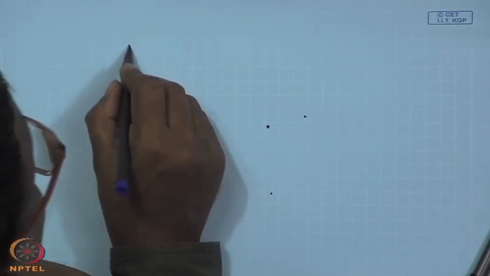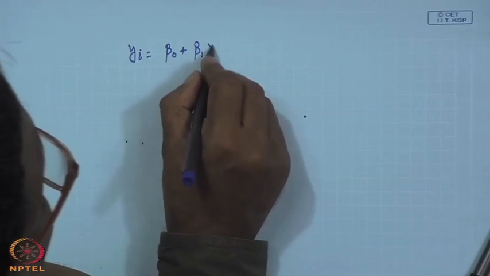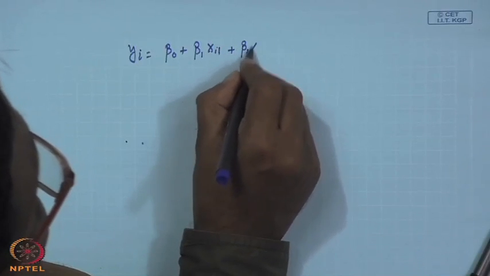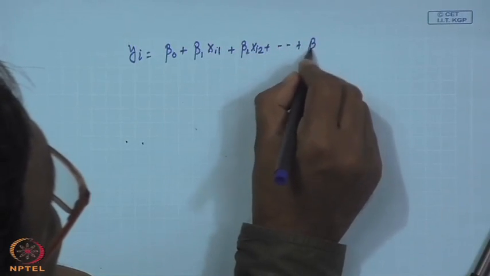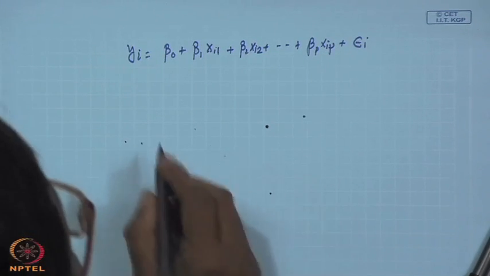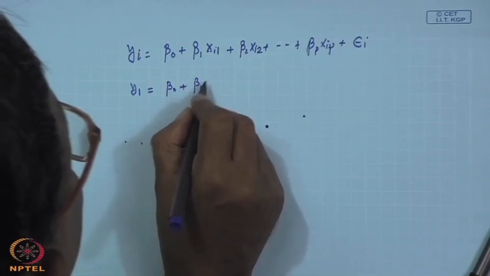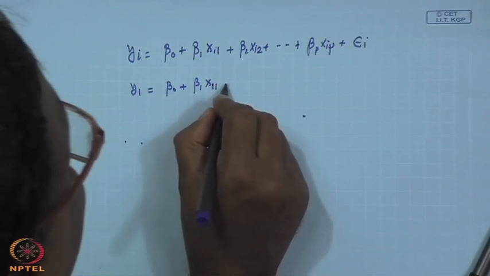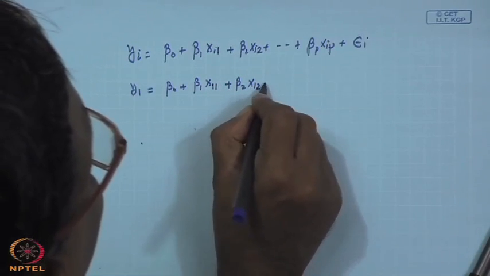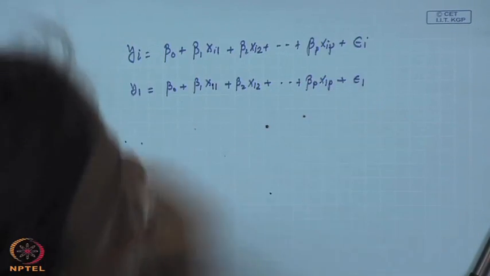Now, we have collected n data points, and we have our regression equation yi equals beta 0 plus beta 1 xi1, beta 2 xi2, like this beta p xip plus epsilon i. If I write it for all the observations, then y1 will be beta 0 plus beta 1 x11, beta 2 x12, like this beta p x1p plus epsilon 1.